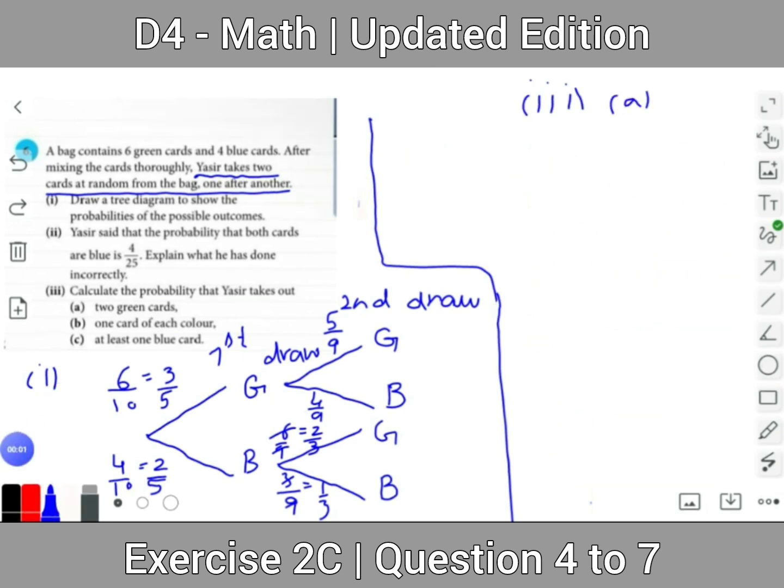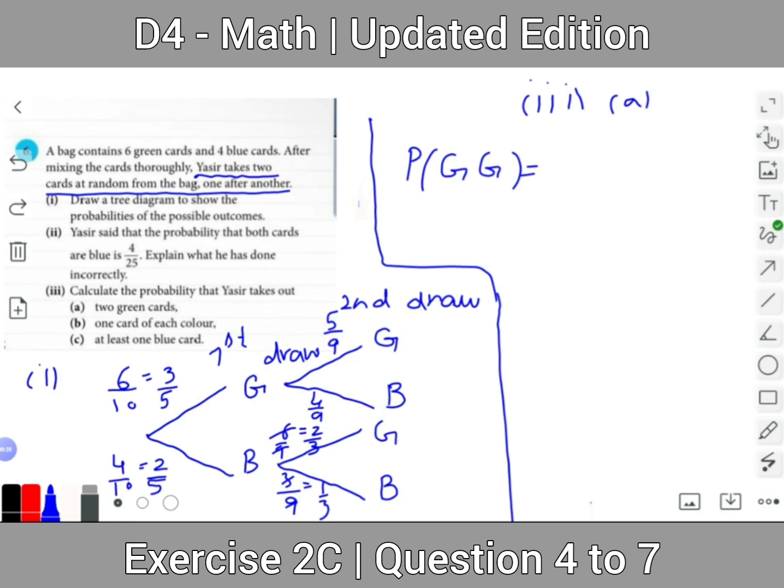In part 3, calculate the probability that Yasser takes out 2 green cards. So for the probability of 2 green cards, we can write it as probability of G and G, and here we will apply the multiplication law of probabilities, as both are green.